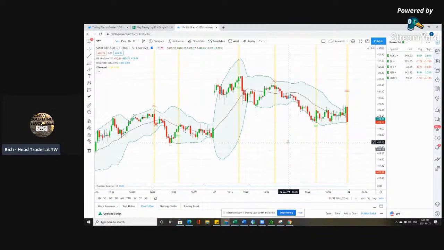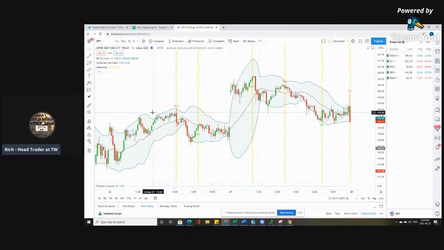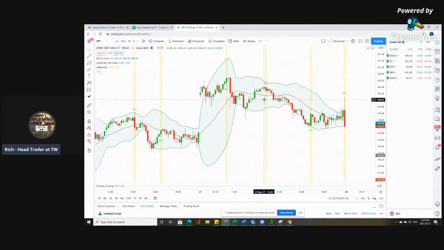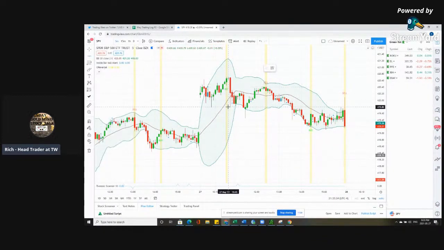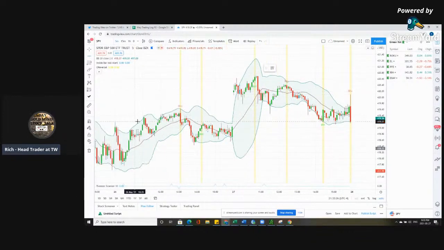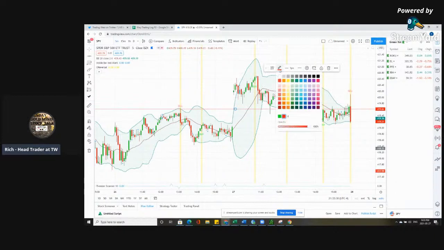All right. The next thing we're going to do, so we are going to trade this one together, which is today. Okay. And the next thing I want you to do here is I want you to go and hit horizontal line. Okay. And I want you to draw the high of the previous day like this. Okay. Let's make this line black.